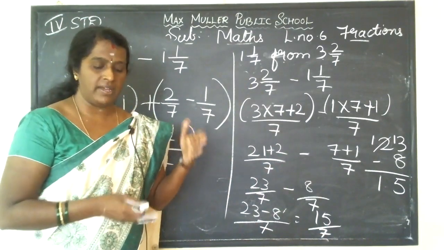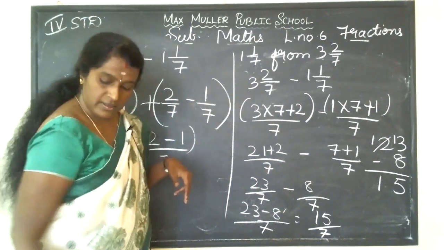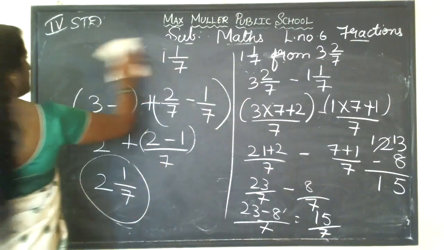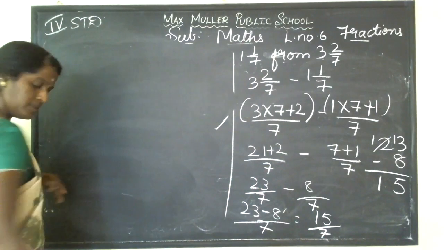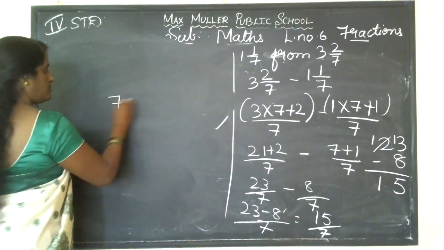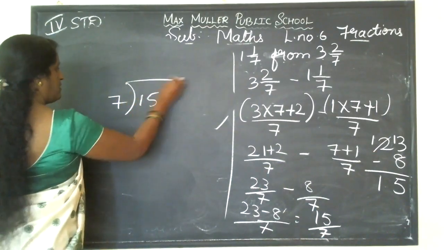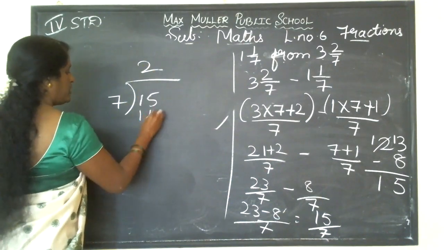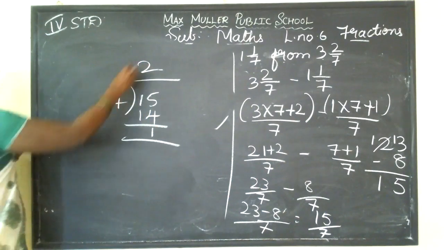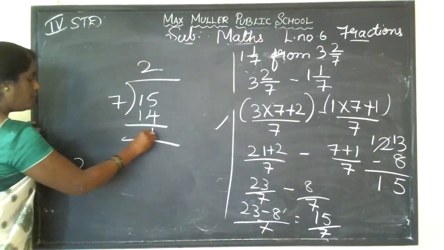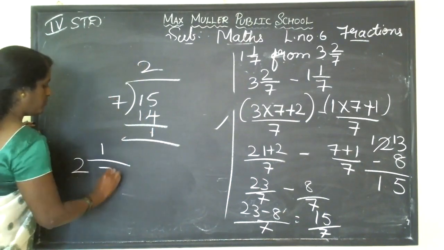What should you do? 7 ones are 7, 7 twos are 14, minus 1. So what is your answer? Whole number, new numerator, this is the denominator.